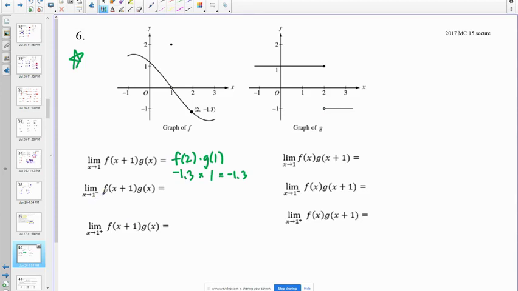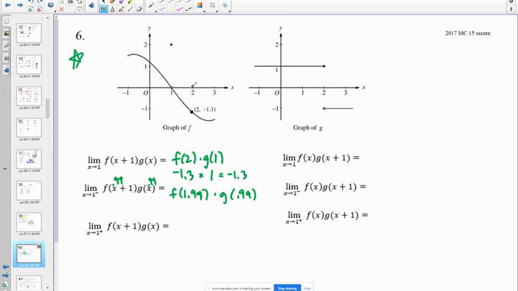All right, so let's go 1 from the left. If I went 1 from the left, that would be like 0.99. So I'm going to be like 0.99 here, and this would be like 0.99 here. So what it's saying is if you had f approaching 2 from the left, because it's about 1.99 times g of 0.99, so we're looking at f approaching 1.99.